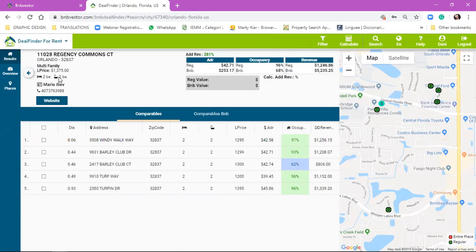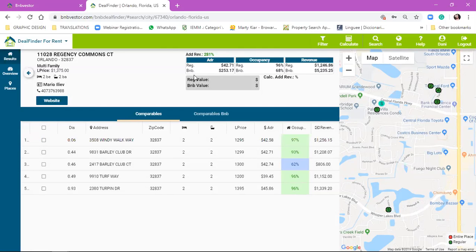So this is based on the listing price. But we can see down here the comparables, which is the revenue. Where do we get these numbers from? We have an ADR, an average daily rate, of $42 with this property.